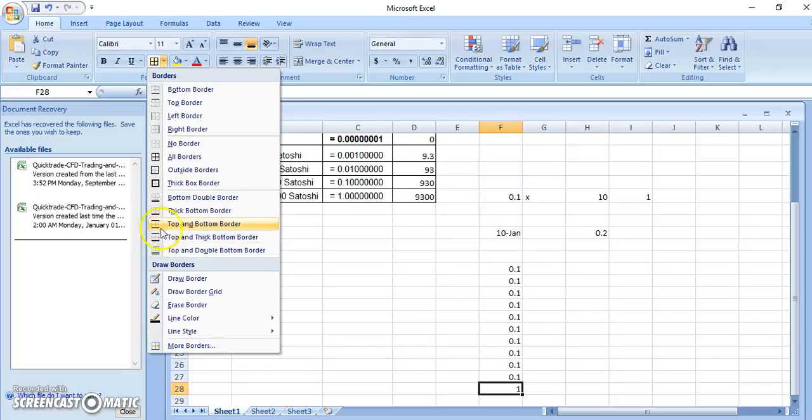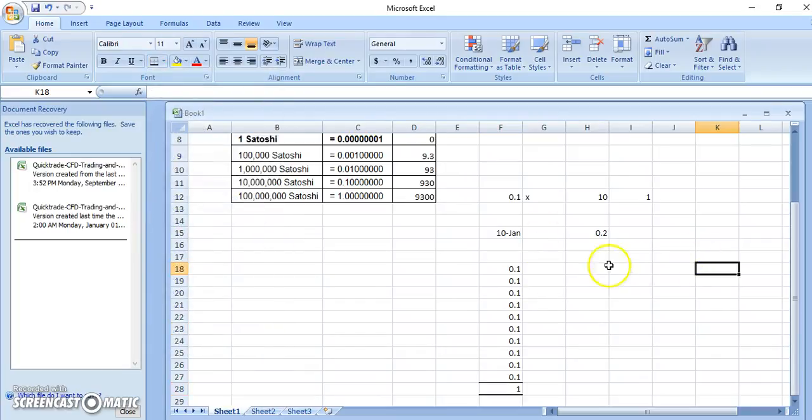You can buy a portion of a Bitcoin. So you basically know that a 0.1 will cost you 930 rand. And if there are 10 of them, they will give you the price for 9,300.